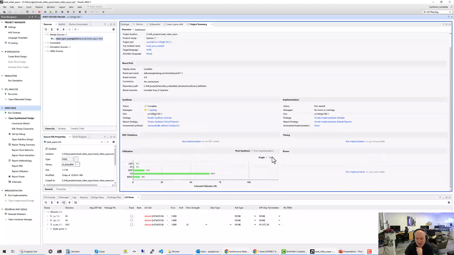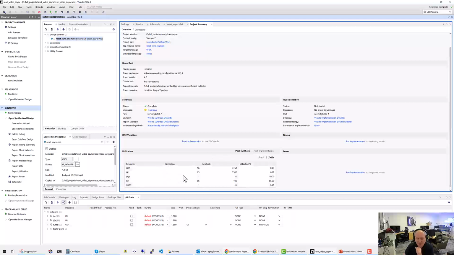If we take a look at our implementation results, this time we find not only are we using one DSP, but we're also using 65 flip-flops and a number of lookup tables, because the way we've defined the reset prevents the synthesis tool and the placing tool from being able to implement the registers that we've used in the B register, the D register, the P register, for example, in the DSP48, and means that actually these have to be implemented in the fabric.